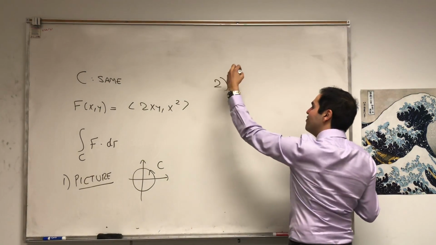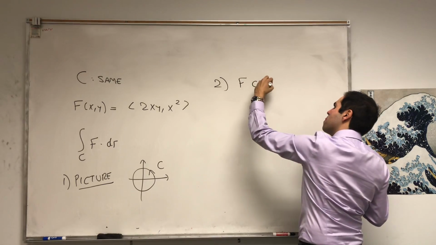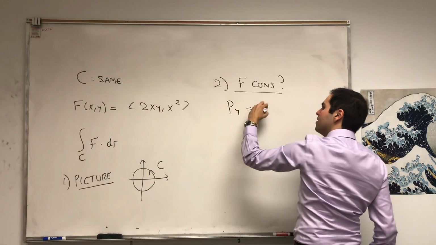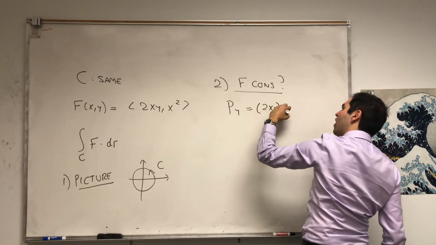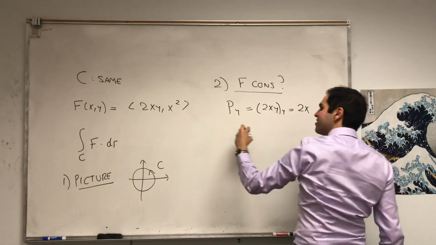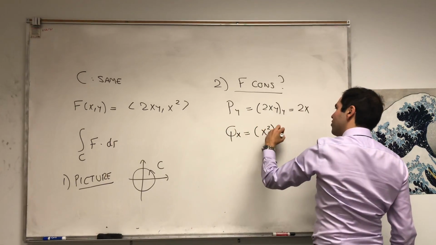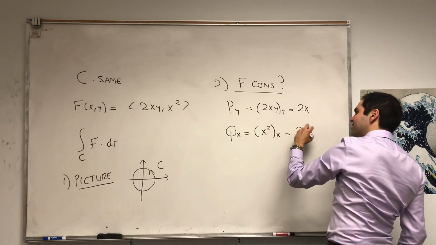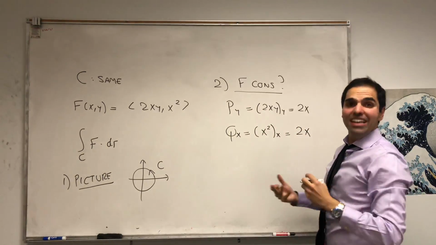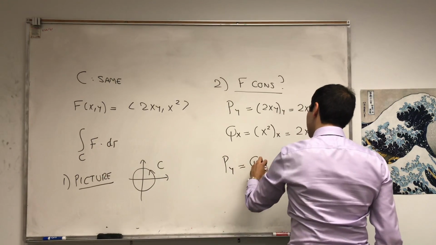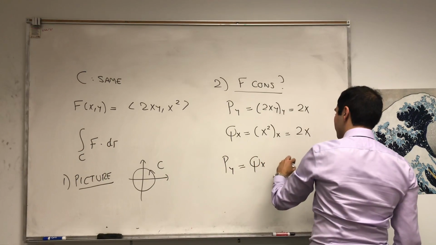Now, check F is conservative. Well, let's calculate P_y. So the derivative of 2xy with respect to y, that's 2x. Q_x, that is the derivative of x squared with respect to x. And that's 2x. So indeed, P_y is Q_x. So it is conservative.